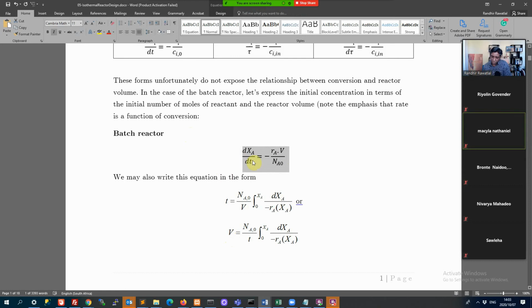If you integrate on both sides, you can show from basic calculus that the time taken to achieve a specific conversion x is given by this expression. We are assuming that we know some kind of production specification, for example the overall conversion. So we must know what conversion we want finally.